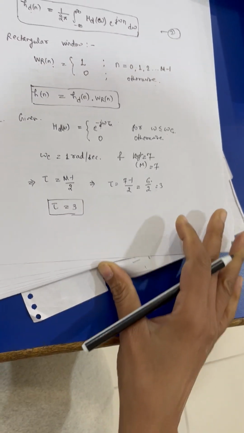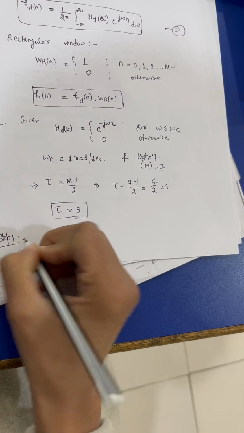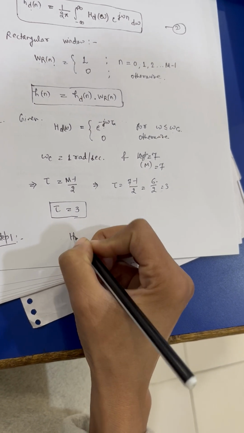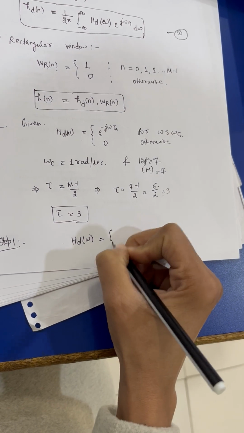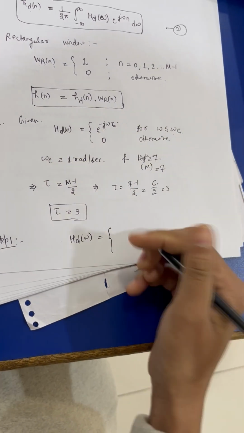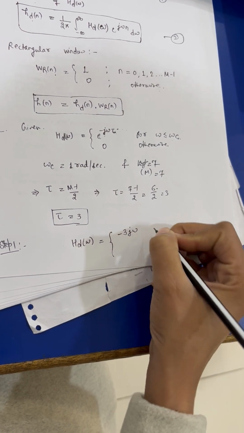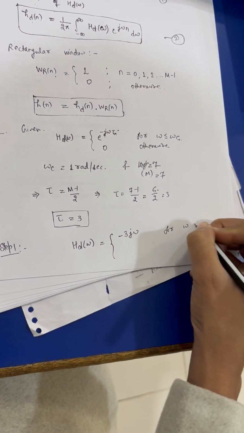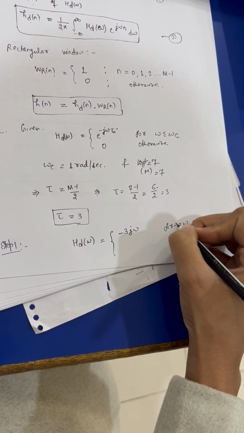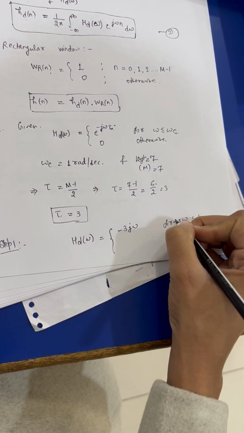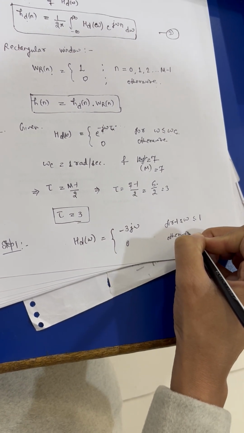Then step 1, the desired H_d(ω) is defined by putting the value of τ in this equation: e to the power minus 3jω for ω between minus 1 to plus 1, putting the value of ω_c, and 0 otherwise.